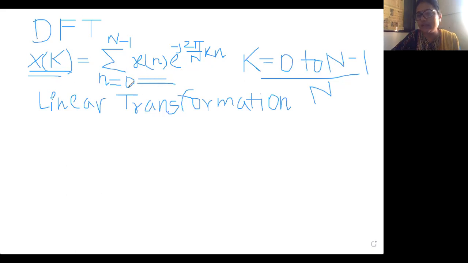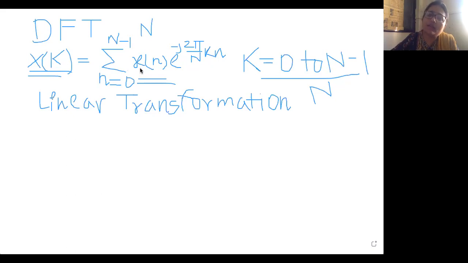So x of n, this input discrete sequence, is also having N number of samples. With this terminology, we will represent x of k using a matrix because it contains N samples. The input signal, which is a discrete signal, also has N samples.